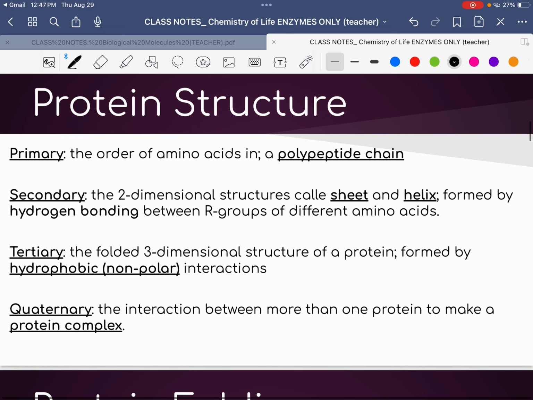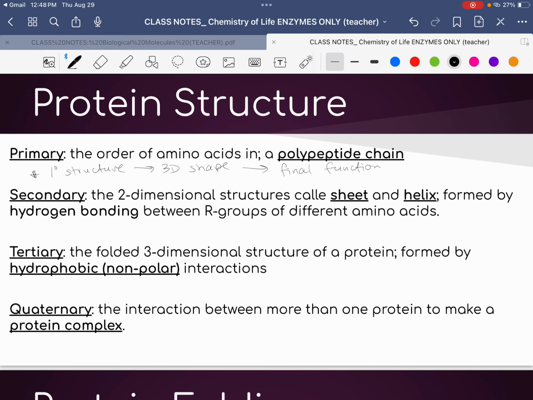All right, so just to recap, the primary structure is the order of the amino acids in the polypeptide chain. Something to consider here is that remember that the primary structure will determine the 3D shape, and the 3D shape determines the final function of the protein.